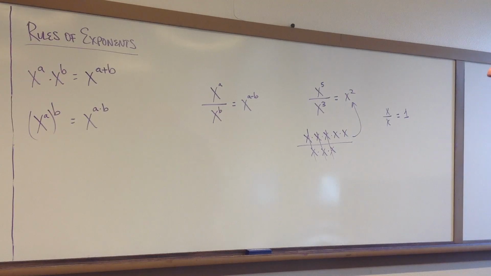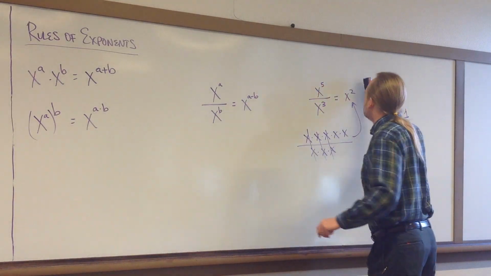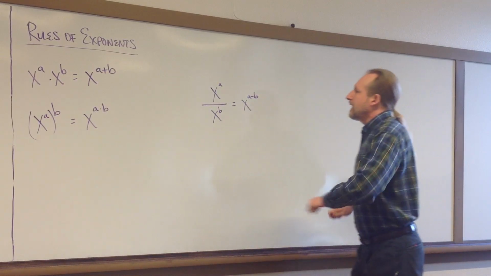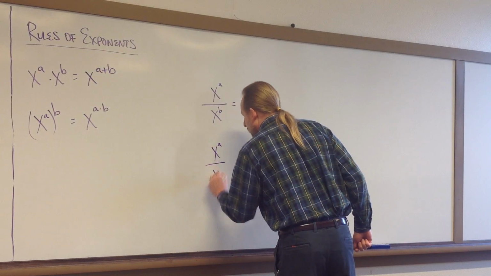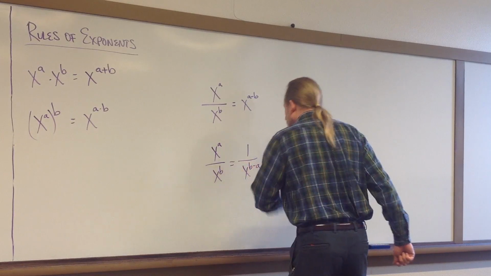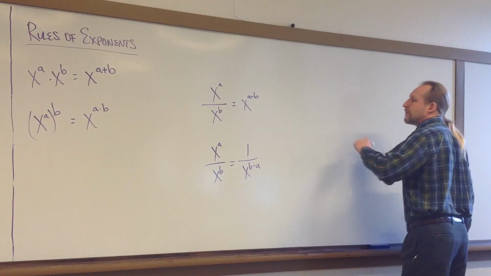So what happens if we have a bigger number on the bottom? Well, we can also say that x to the a over x to the b is 1 over x to the b minus a. Okay? And again, the reason is the same.